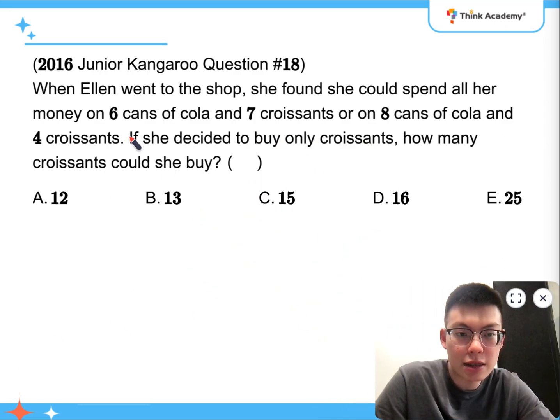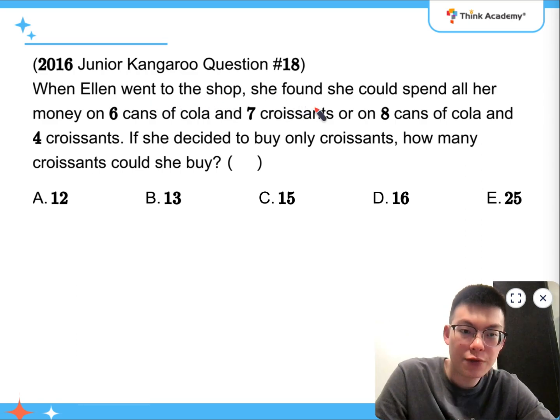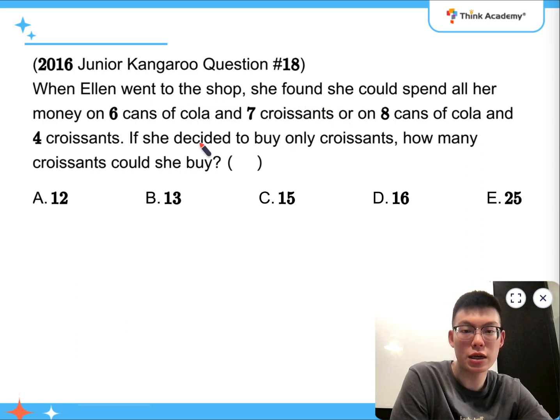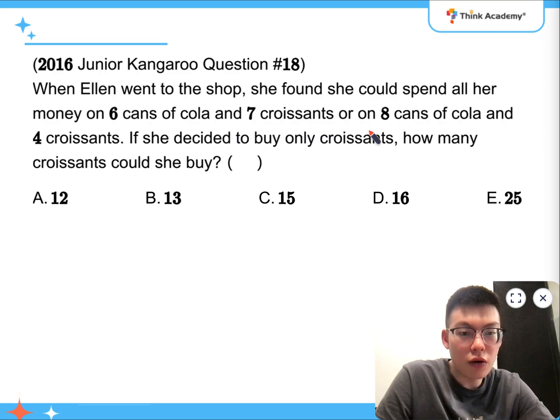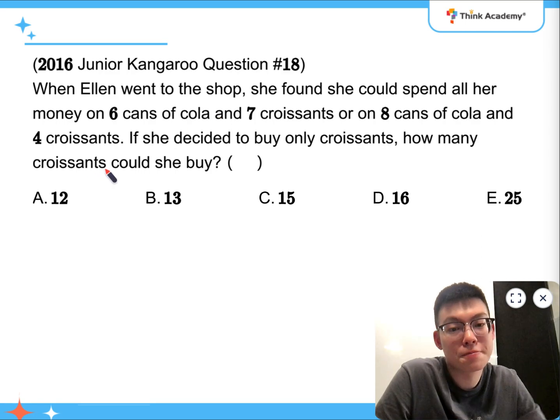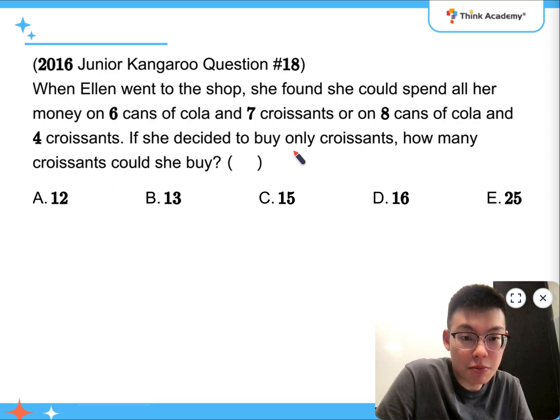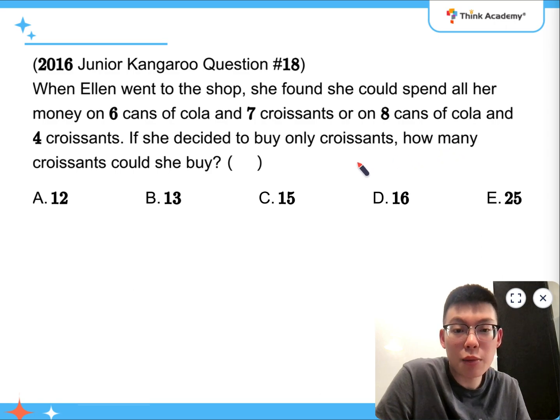Question number 18 says that when Ellen went to the shop, she found that she could spend all her money on 6 cans of cola and 7 croissants, or on 8 cans of cola and 4 croissants. If she decided to buy only croissants, how many croissants could she buy?